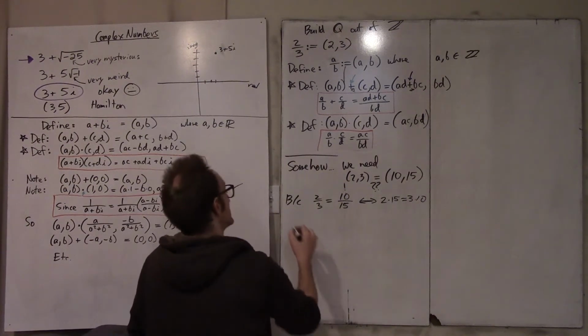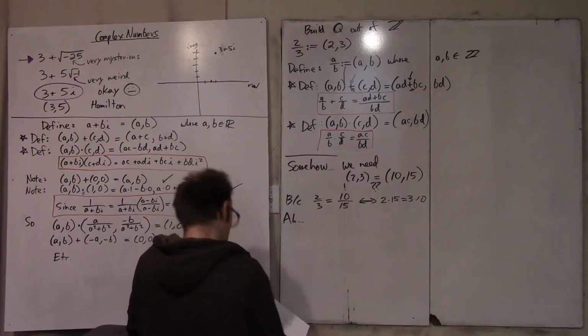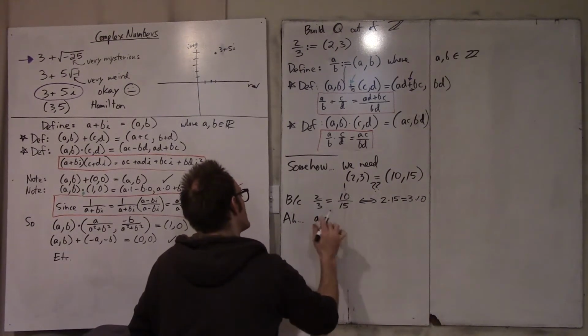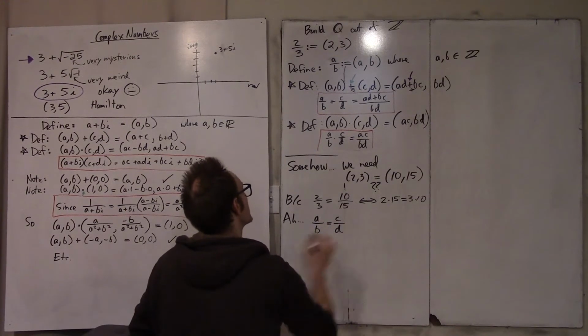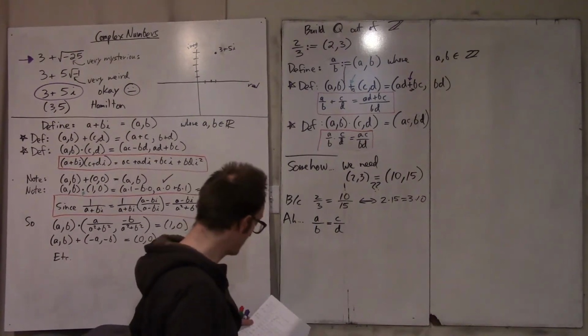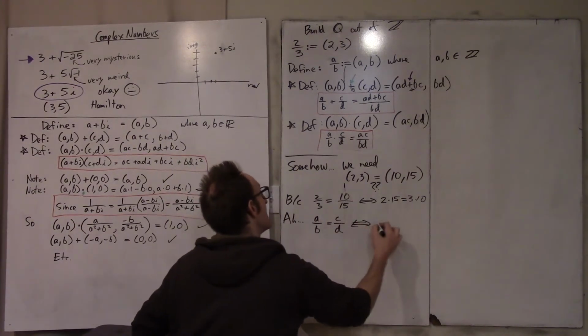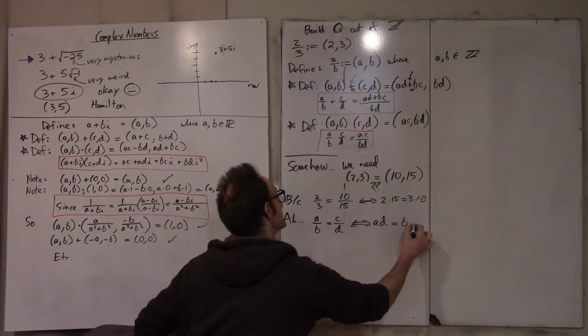In other words, this is starting to come into focus. What I want to say about two fractions, a over b and c over d, once again, this is not part of the theory, this is me thinking in the background, is true precisely when AD equals BC.